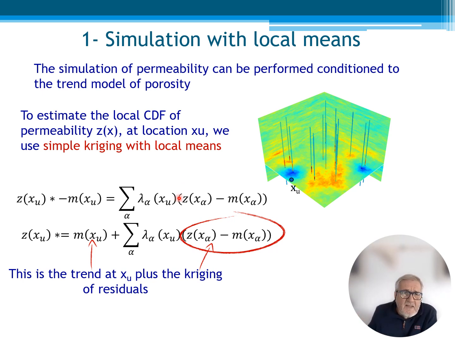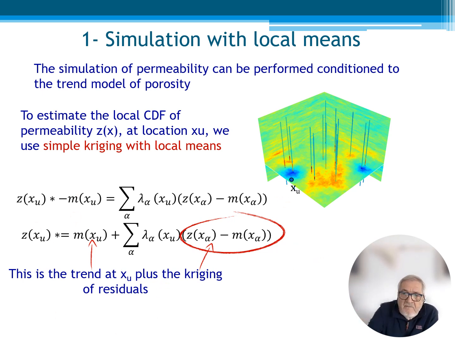And simple kriging, this expression, is no else than the trend plus the kriging of residuals. We do not krig the original variable, but we krig the residuals and sum, at the end, the local value at that location, xu.